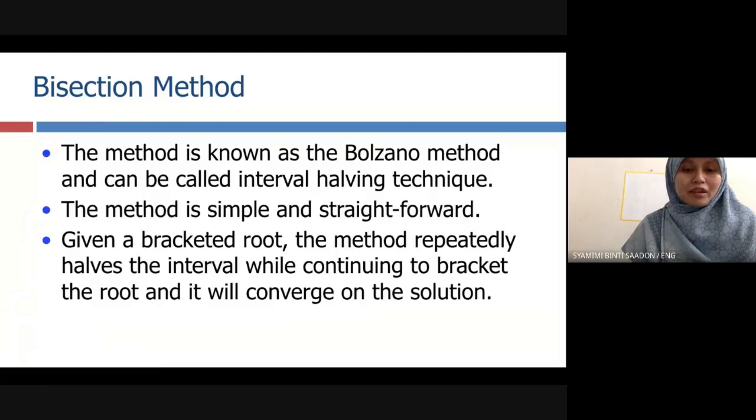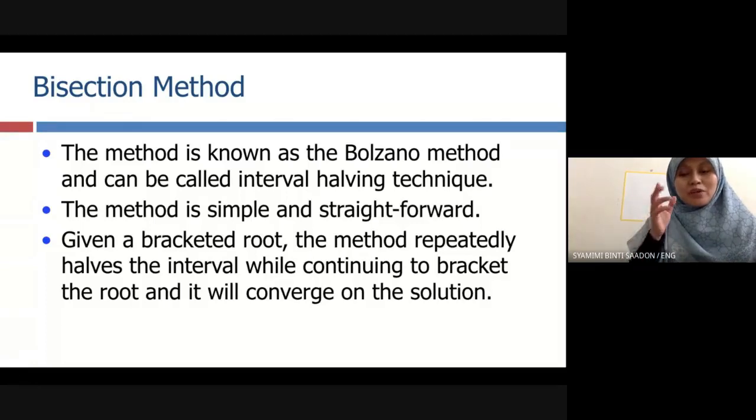The method is quite simple and straightforward. Given a bracketed root, meaning the interval I just mentioned, we choose the interval, we assume a lower and an upper value of the root, so it's like a bracket, and then we continue the method repeatedly, halving the interval.